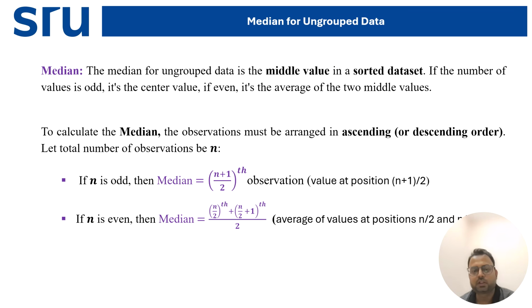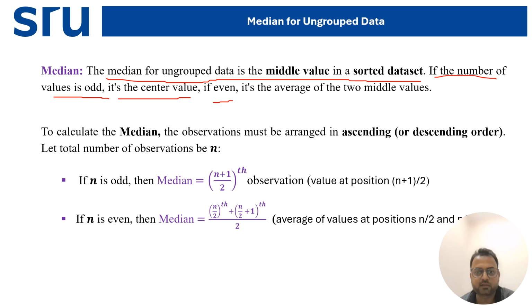Now let's come to the definition of the median for ungrouped data. The median for ungrouped data is the middle value in a sorted data set. Sorted means after arranging in ascending or descending order, we take the middle value. If the number of values is odd, the center value is the median.